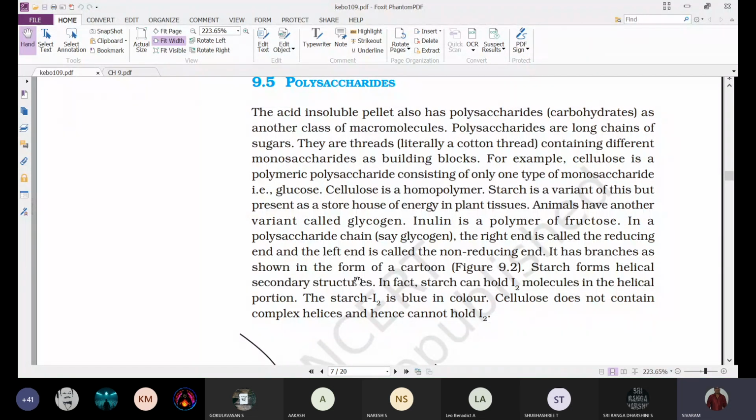In the same manner, if three molecules of glucose are joined by glycosidic bonds, we call it a trisaccharide.